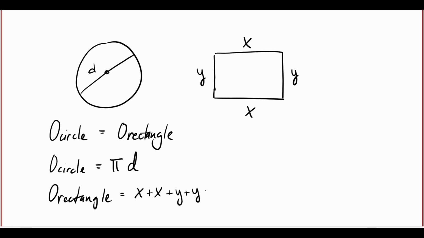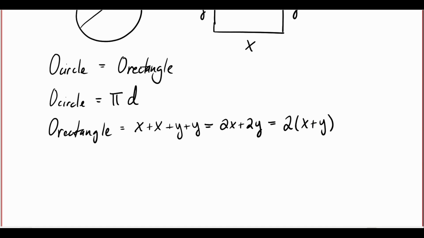This equals 2x plus 2y, and we can factor out the 2 and we get 2 times x plus y. Okay, so we can set the circumference of the circle equal to the circumference of the rectangle. So we have pi times d equals 2 times x plus y.